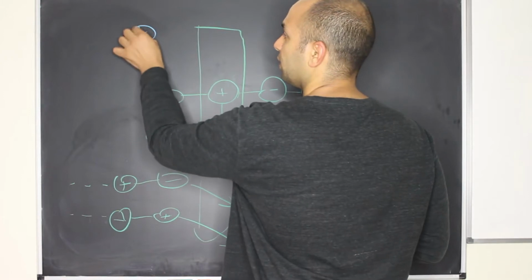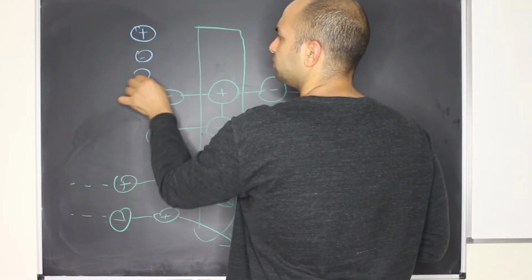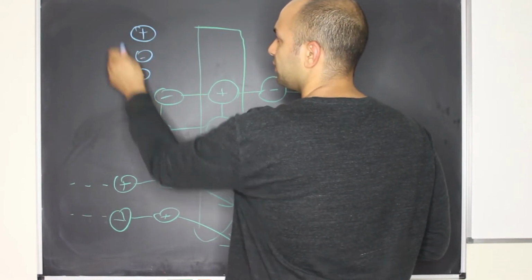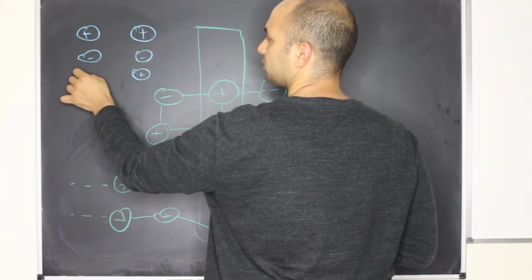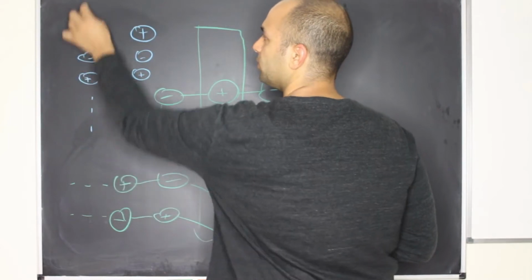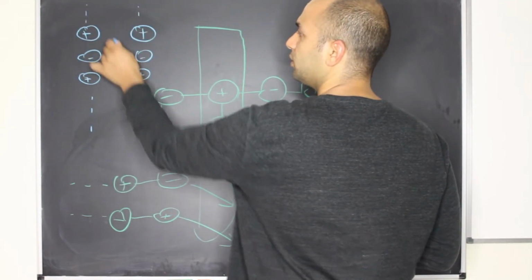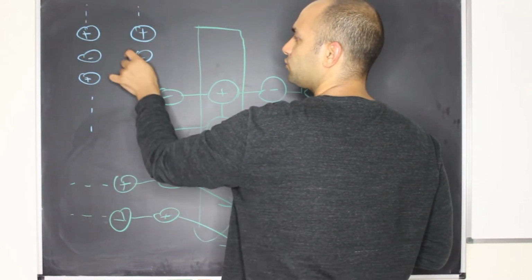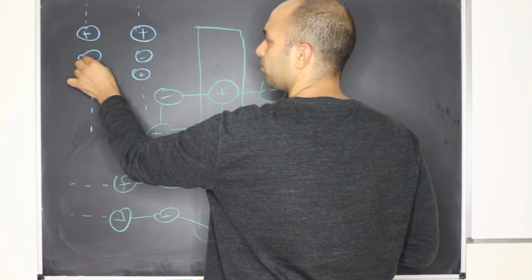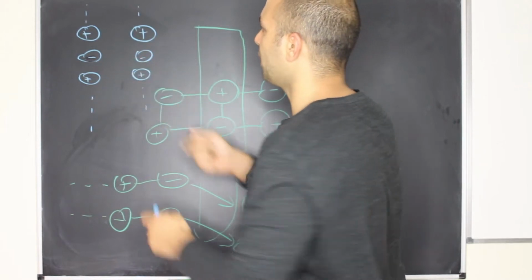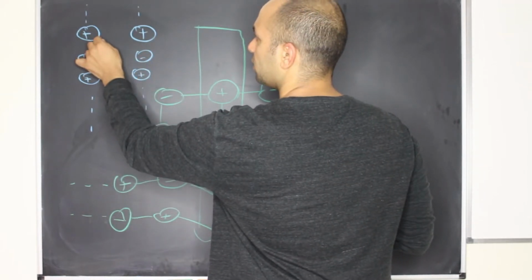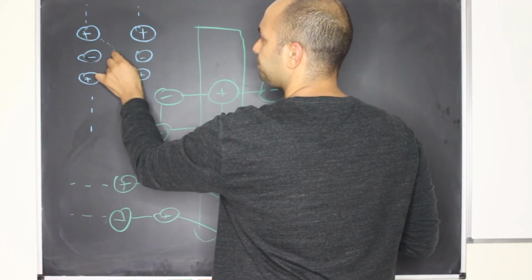So we have plus, minus, and plus, and then we remove the layer here and we end up with the same thing, plus, minus, plus, and it keeps going over here and over here. And then what happens, this one drops downwards. So let me just draw it over here.